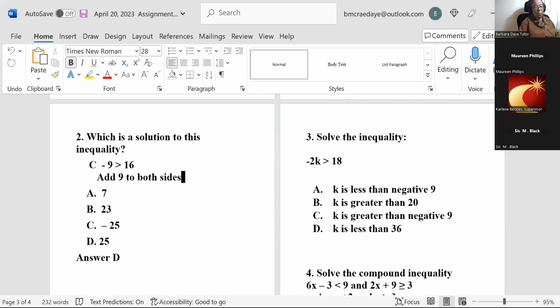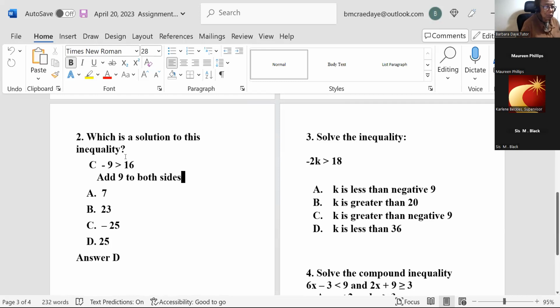All right. So if you add 9 to both sides, the left side just becomes C, because -9 plus 9 is 0. And 16 plus 9 is 25. That's why Maureen has D for her answer. You have to change the minus sign to plus 9, because two same signs you add. No. You've got to think inverse operations, just like you do with equations.